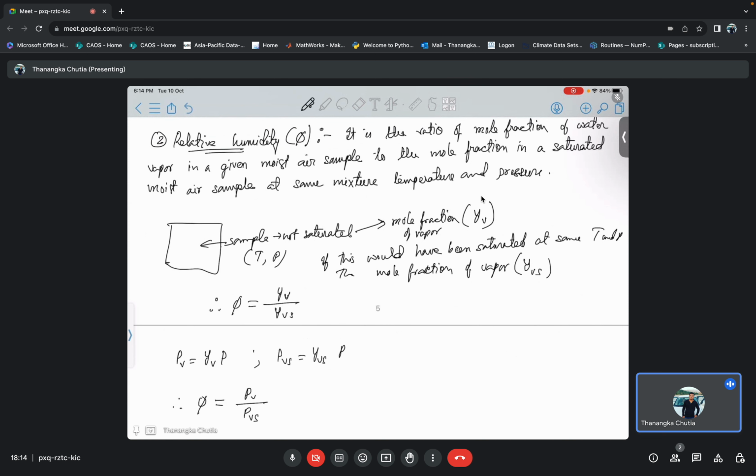So this is the expression we will mostly be using for relative humidity.